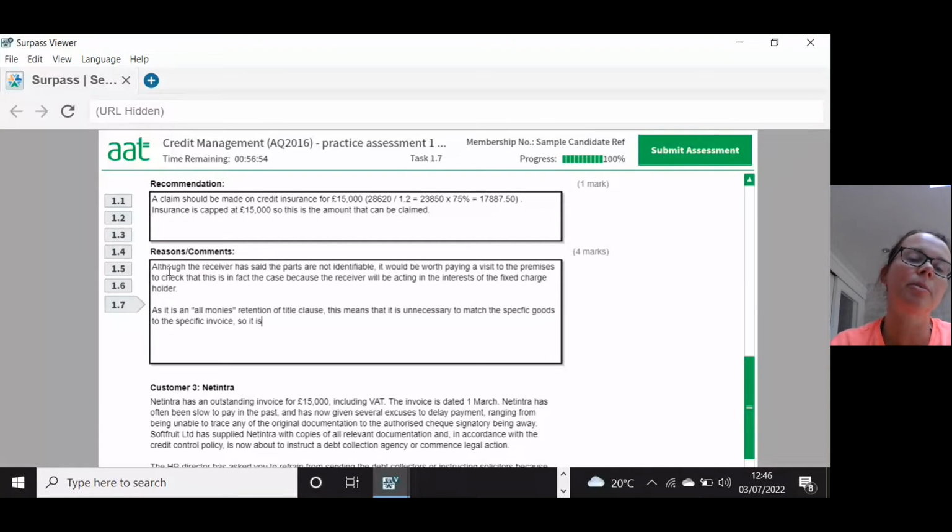So it is possible that other goods supplied by, what's the name of this company again? Softfruit, could be located.